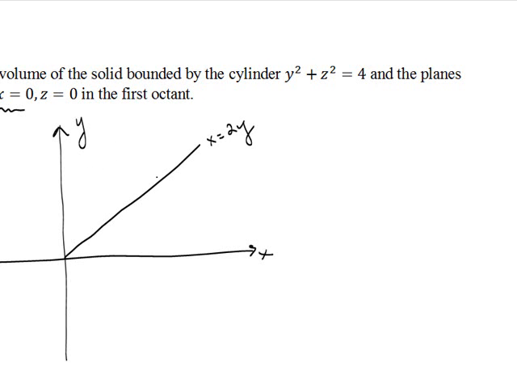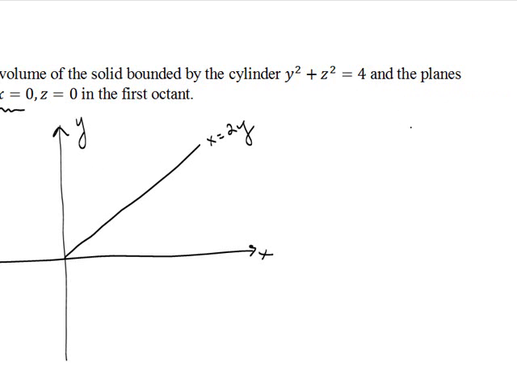We still need to find another line. How do we do that? We need to do some projection. The cylinder is bounded by z equals 0. So take z equals 0 and y squared plus z squared equals 4 and solve them.